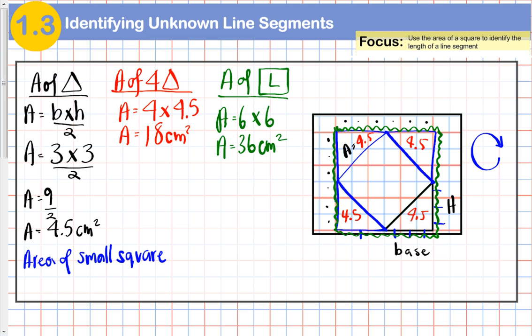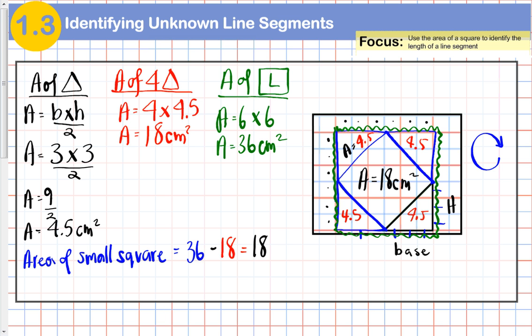It is simply the area of the large square, which we said was 36, and then we subtract the area of all of our triangles, which we established right here is 18. I'm even going to put that in red just to make sure that it's clear. 36 take away 18 is 18. So our central square equals 18 centimeters squared.